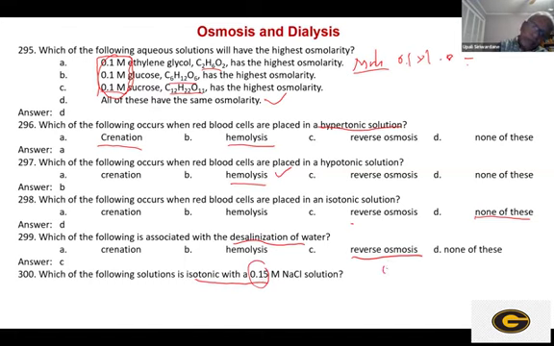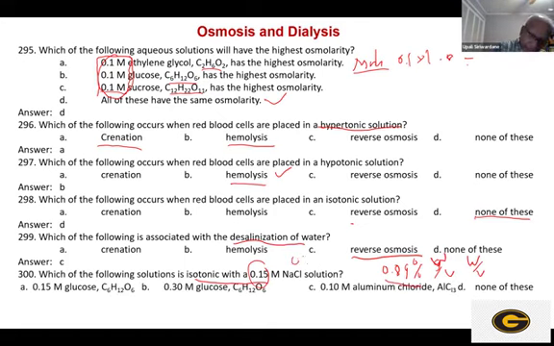We also talked about the same weight by volume. This is the same solution converted to weight by volume, 0.3 here.